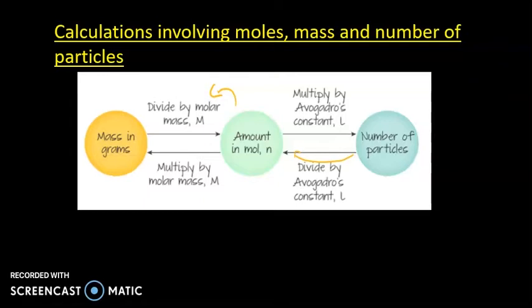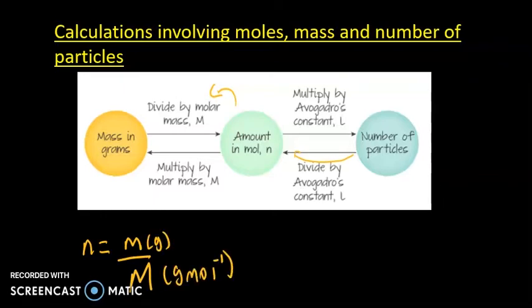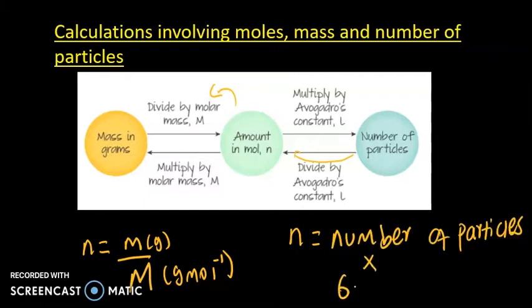So to put this in formula, we have n is equals to mass over molar mass. Mass is in grams and molar mass is in gram per mole. And also amount in moles can be calculated by multiplying number of particles times 6.02 times 10 to the power 23, which is the Avogadro constant.